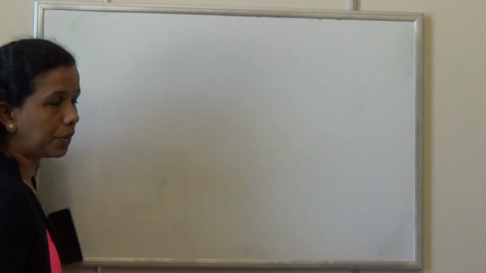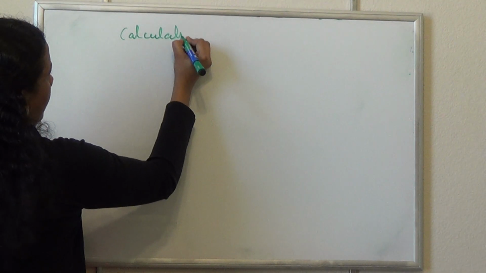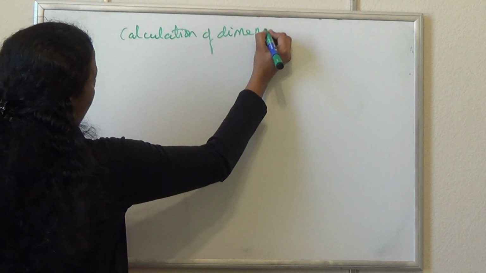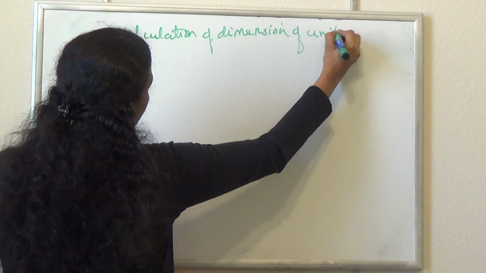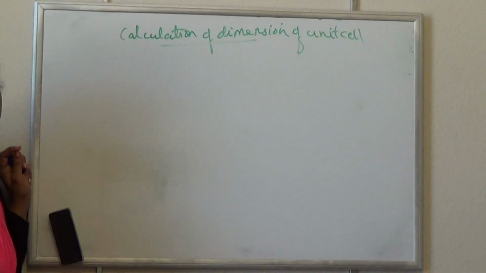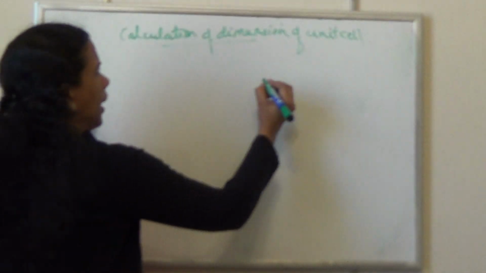Then the equation for calculating dimensions of a unit cell. In most cases we are calculating the density of the unit cell. So we know the equation for calculating the density.